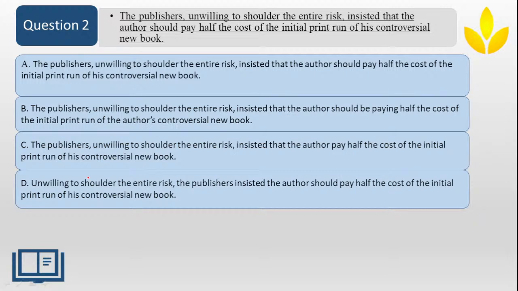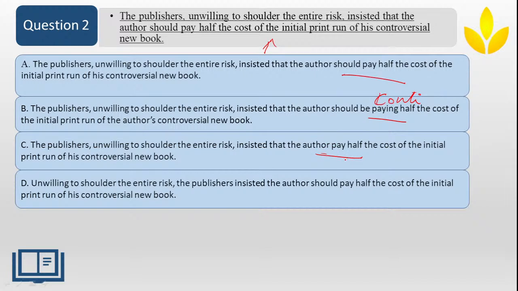Now you need to understand the difference between these three options, A, B and C. Here it is given should pay half the cost. It is similar to the sentence given in the question. Here it is changed into paying. It is in continuous now. Here "author should" is removed.